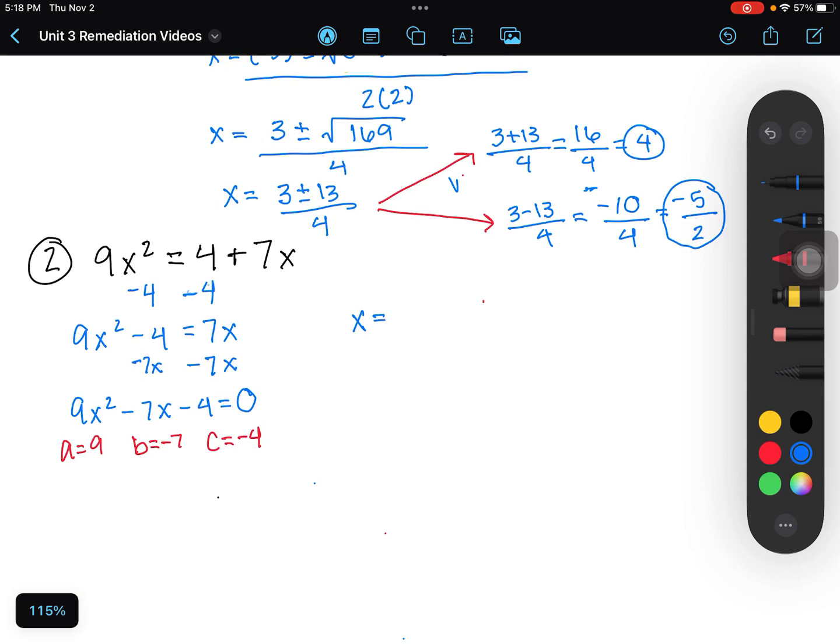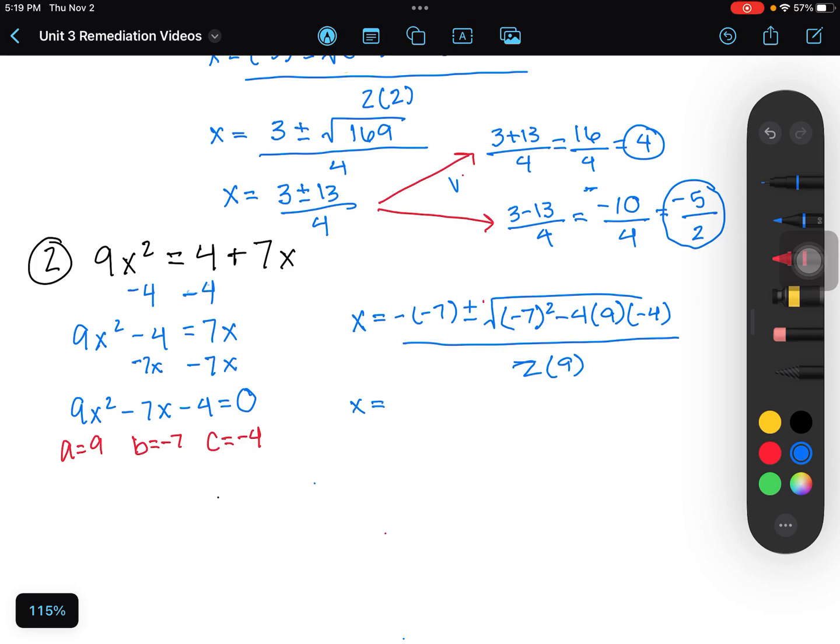So x equals negative 7 plus or minus square root of negative 7 squared minus 4 times 9 times negative 4 all over 2 times 9. Again, we get 7 out front.